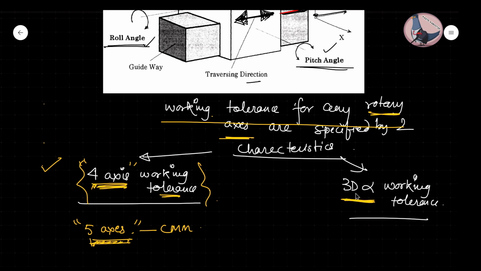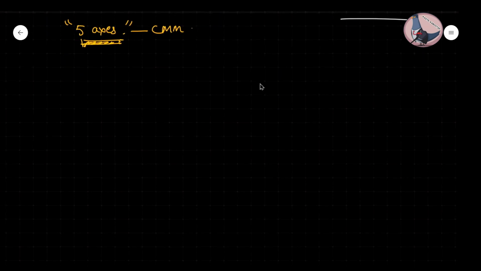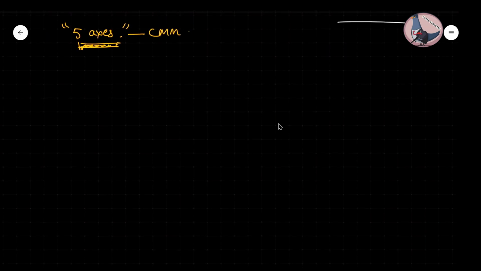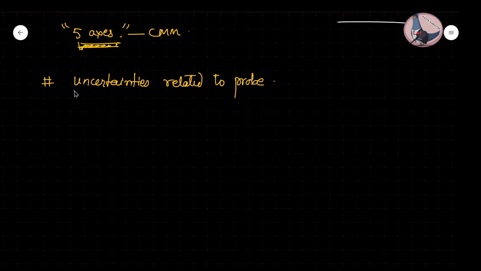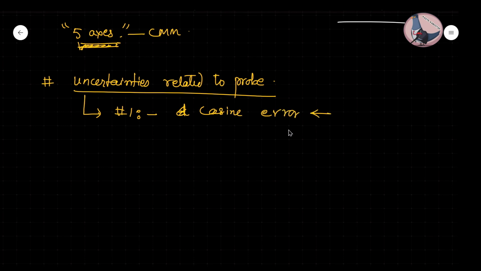Now, there are some uncertainties related to probes also. By the way, in probes there are many uncertainties. I will just recap one by one all the problems with the probe. Number one was your direction and cosine error, which we discussed in the last class.